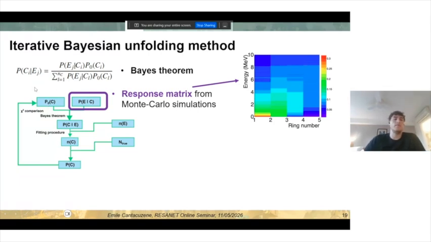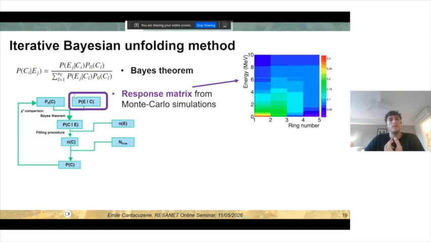The second ingredient is P0C. It's basically the initial cause distribution, and this can be taken arbitrarily. Because it's an iterative process, with each iteration this P0C will be updated and get closer and closer to what we want, which is the real distribution of causes. So initially, you can take it arbitrarily.